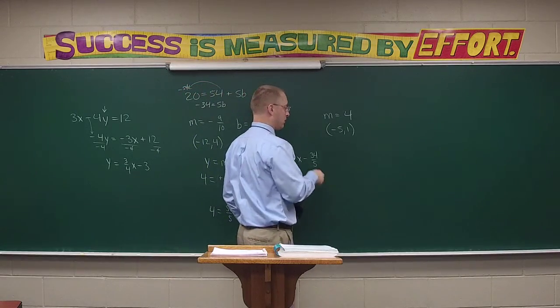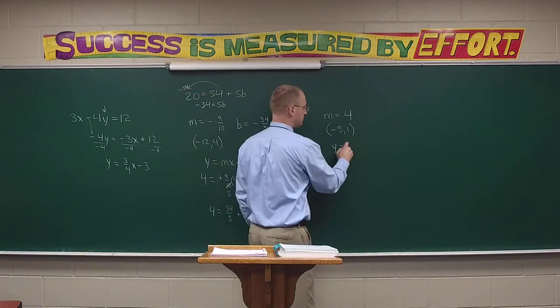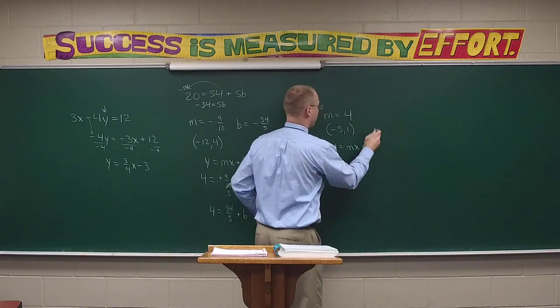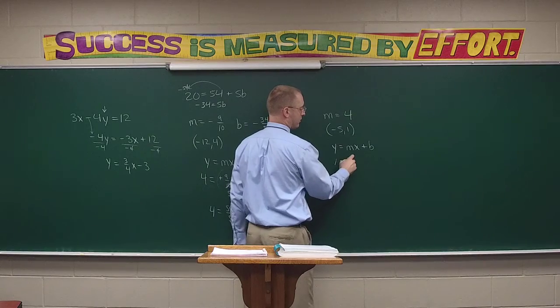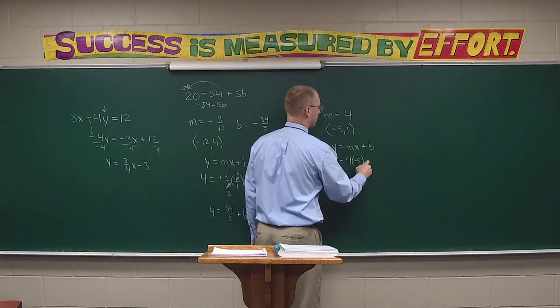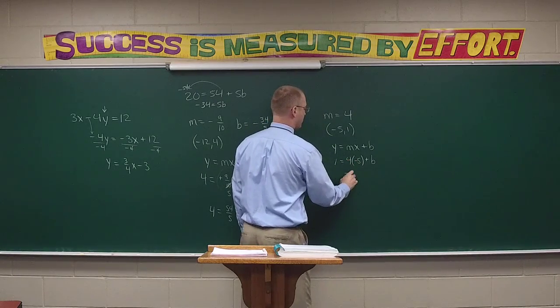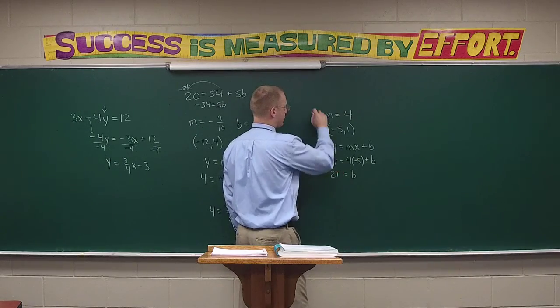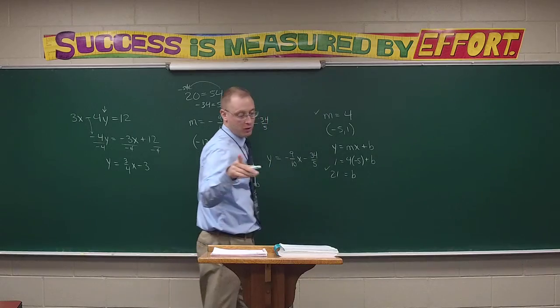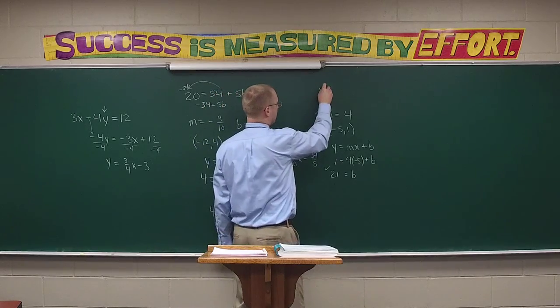Write out y equals mx plus b. There we go. And plug in: 1 equals 4 times negative 5 plus b. And we'll end up with a b value of 21. So I got the m, I've got the b. What's the equation? Y equals 4x plus 21.